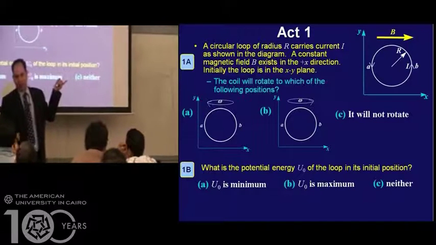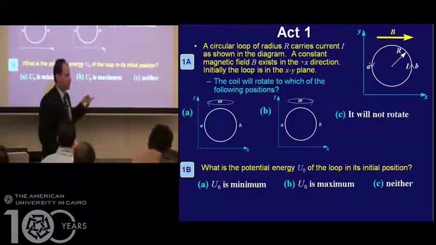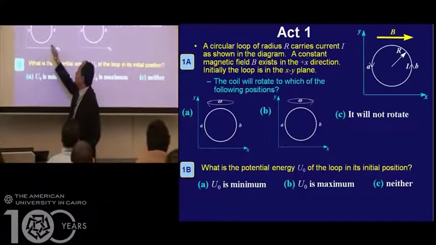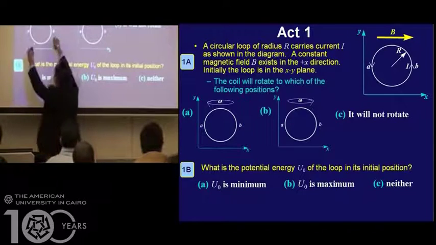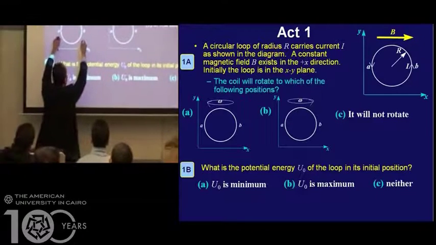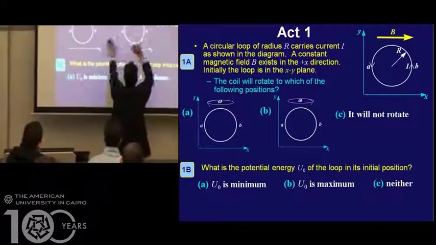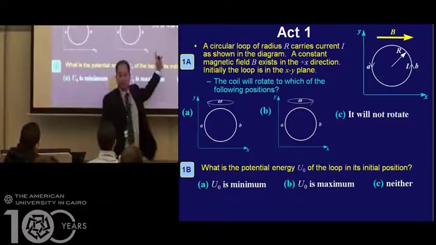And I call that the smiley face. So again, the difference between answer A and answer B: this is the coil. If it rotates in that direction, that's A. If it rotates in that direction, then that's B. If it does not rotate at all, that's C.